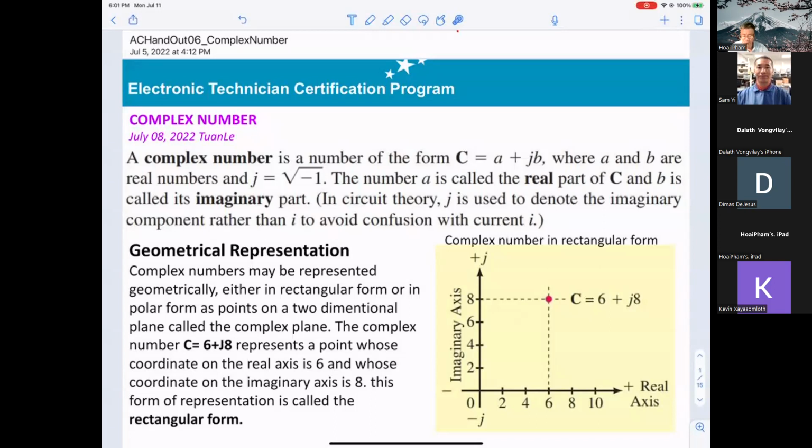That's very important. Another thing, the total voltage and the total current are not in phase, and they're not leading or lagging by 90 degrees. So normally you have to calculate the phase angle, the phase difference between the total voltage and the total current.